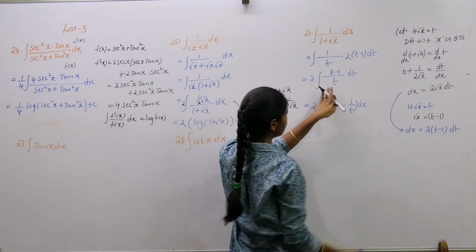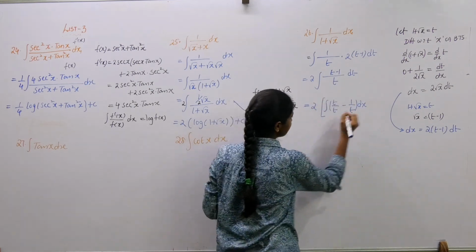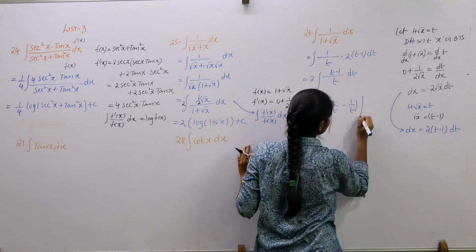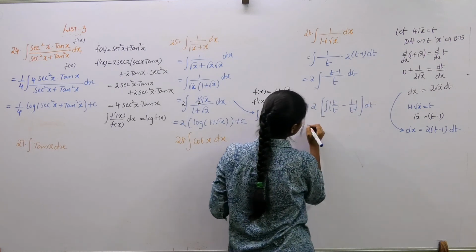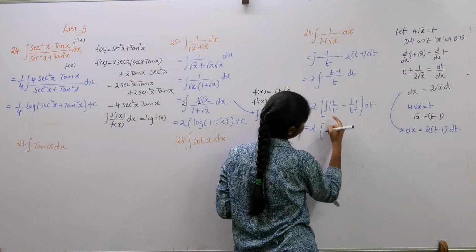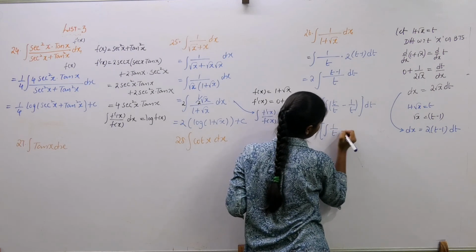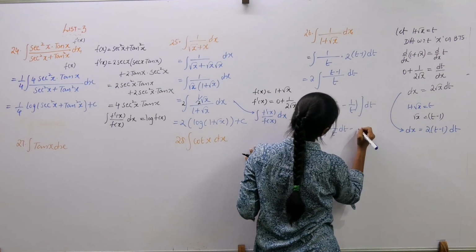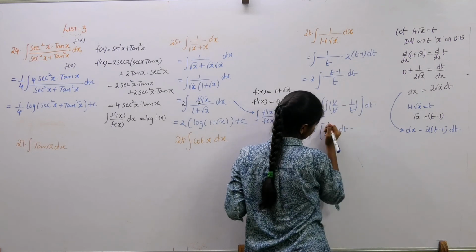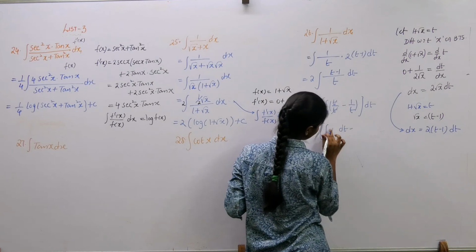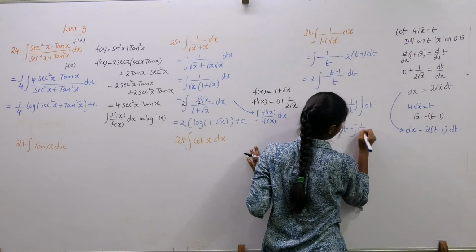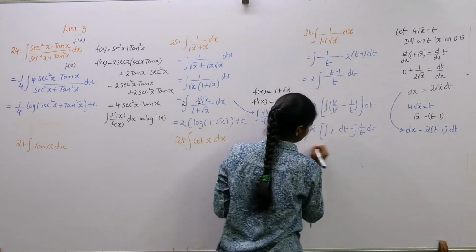I have separated the denominator value and written dt. It is equal to 2 into, now separating integration, integral 1 dt minus, dt by t, we get integral 1 dt minus integral 1 by t dt.